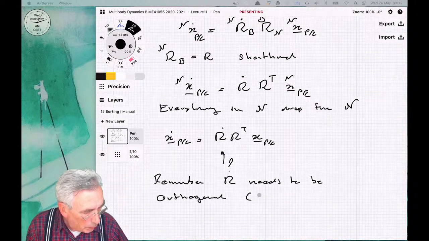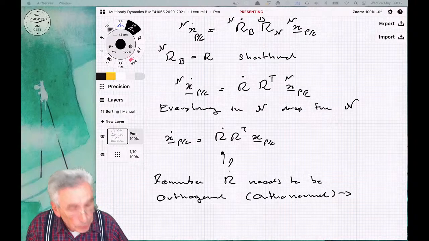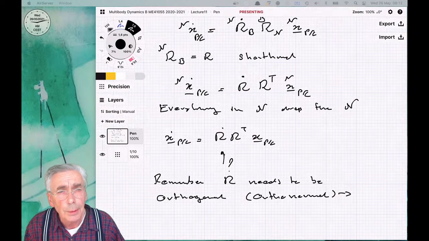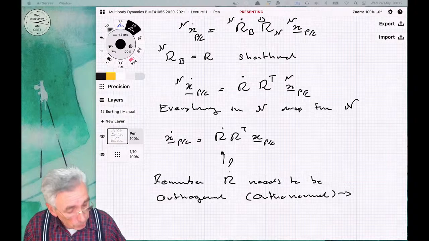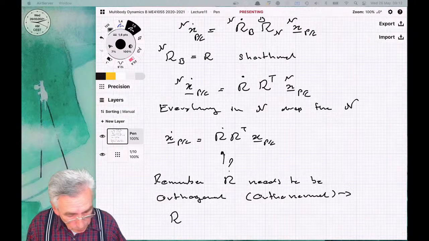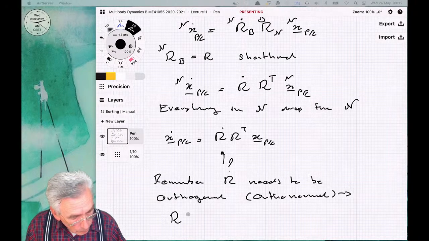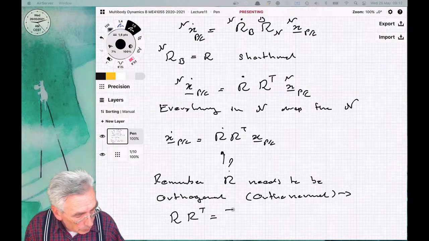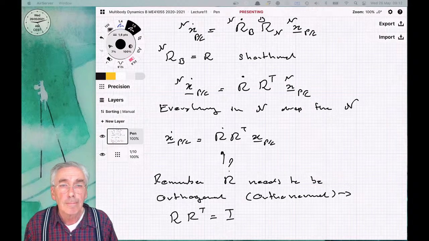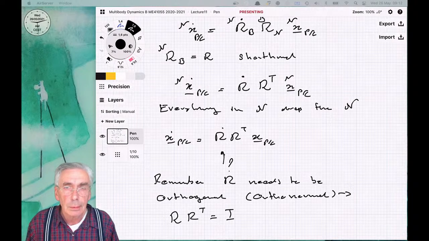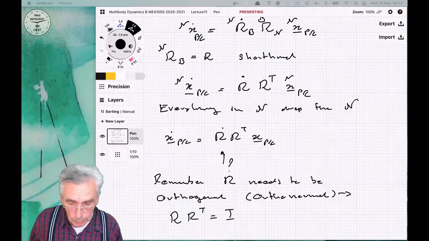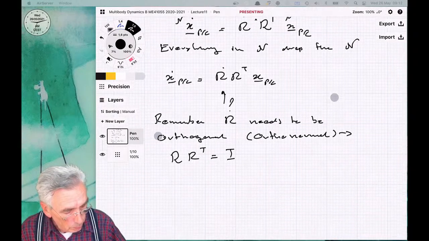And I always like to say orthonormal, because what we discovered from the rotation matrix, that the inverse is equal to the transpose, or in other words, we discovered that R times R transpose should be the identity, right? Now, this looks almost like that. Almost. Watch what happens.